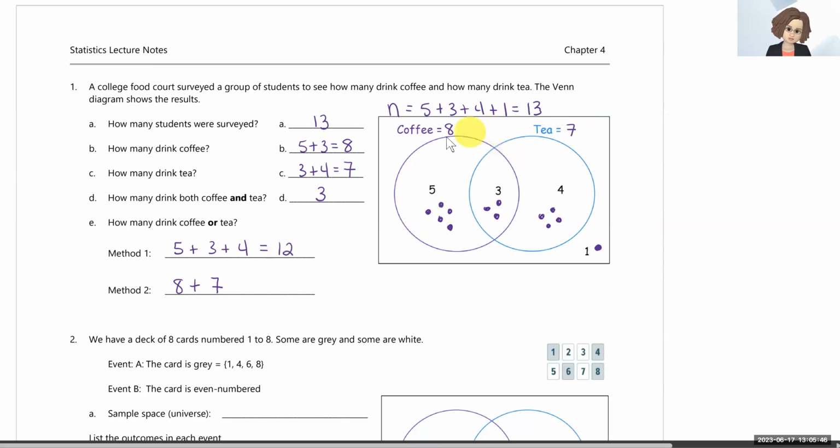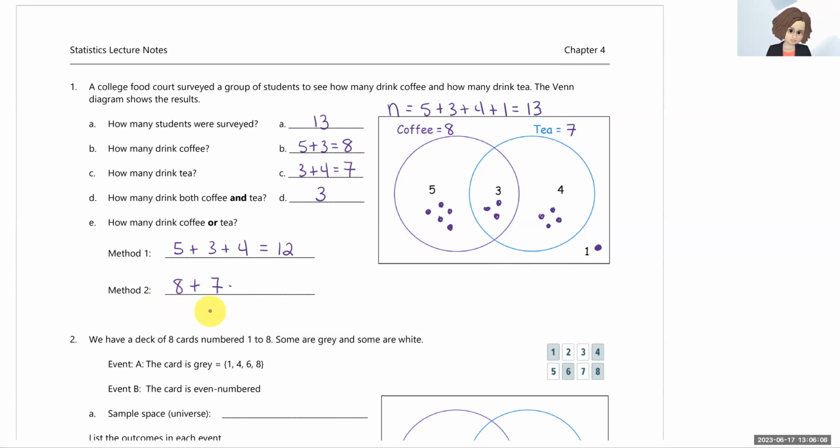The answer is 12. What's happening there is when we take the 8, it includes the 3 people. The 7 also includes the 3 people. So the 3 is getting counted twice. They are part of each of those separate events. So we can take all the coffee drinkers plus all the tea drinkers.